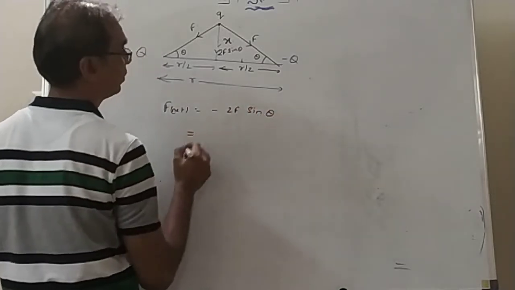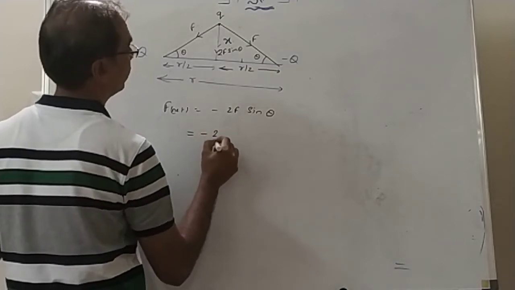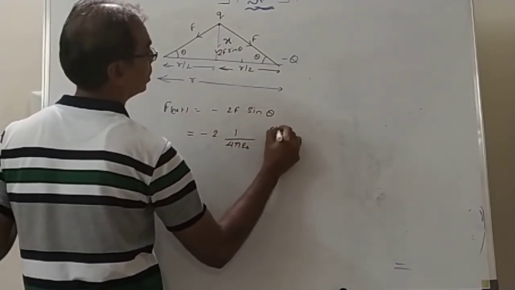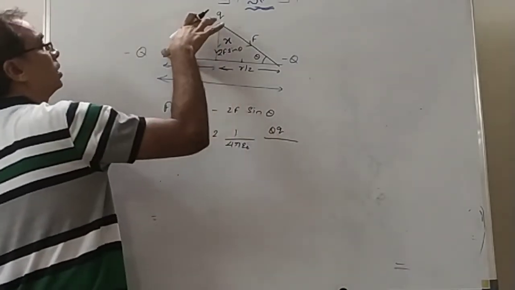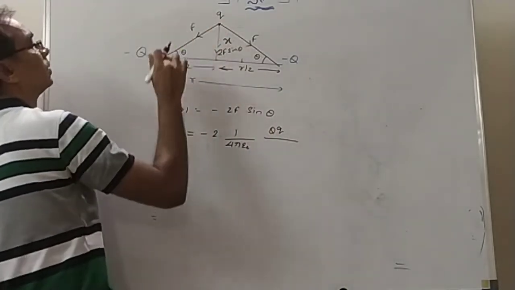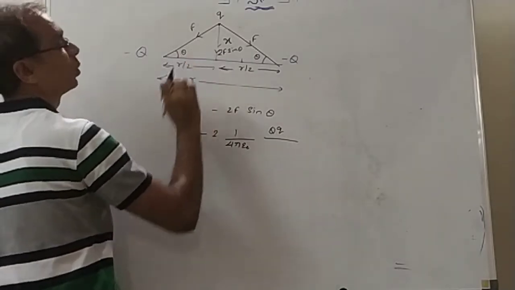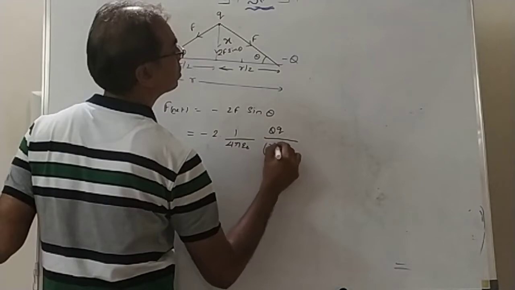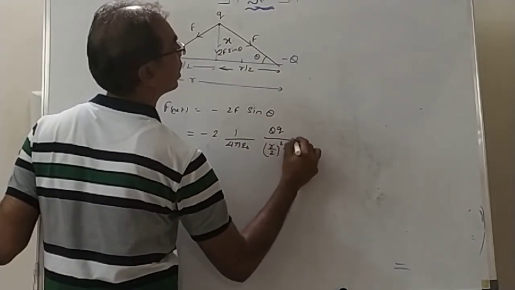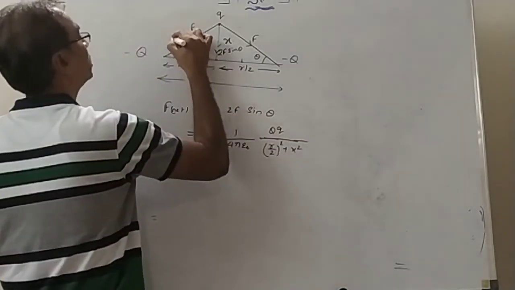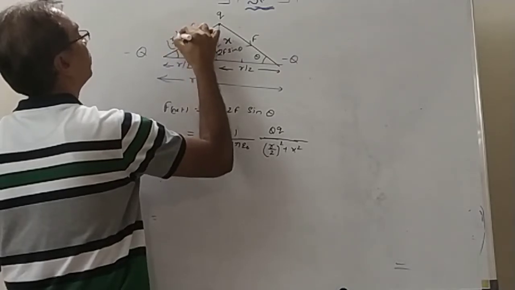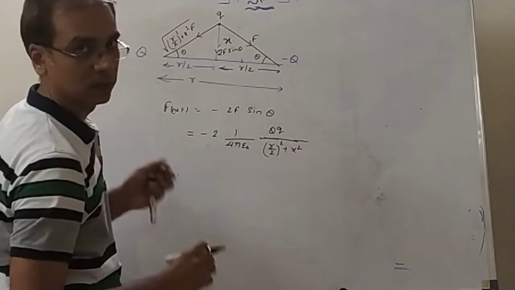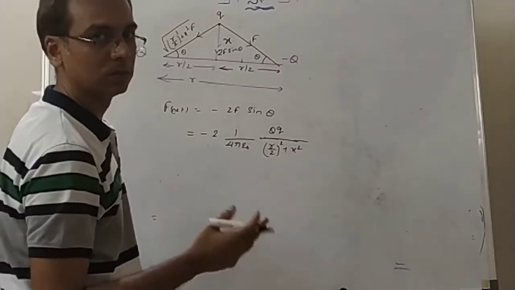The question is what is F now? So minus 2 into F, 1 by 4 pi epsilon naught q into q by this distance. Now what is this distance? r by 2 whole square plus x square. Though this distance actually is the square root of r by 2 whole square plus x square, but since it's a force, we used to write 1 by 4 pi epsilon naught q1 q2 by r square.